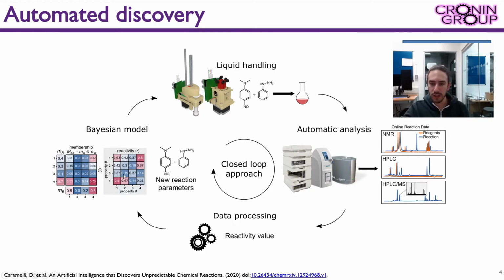Then the reactivity value is correlated back using a Bayesian model to the reagents used, and hopefully through the Bayesian model we can suggest new combinations to the platform to perform. Through this closed loop approach, we are exploring the chemical space, all the possible combinations of reagents, in a smart way, driving the platform with the model and the analysis to perform the interesting reactions first.